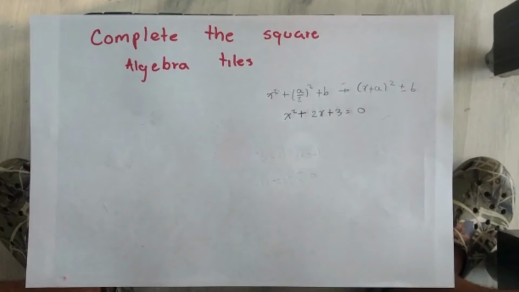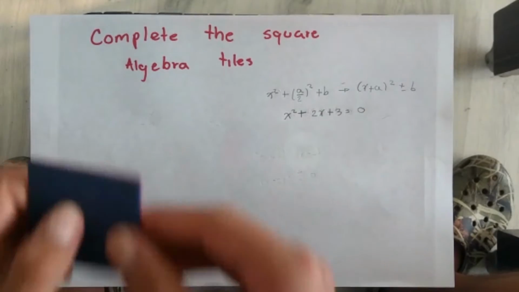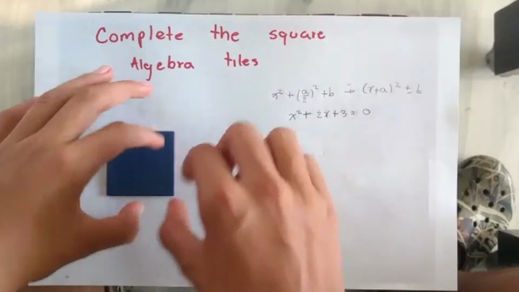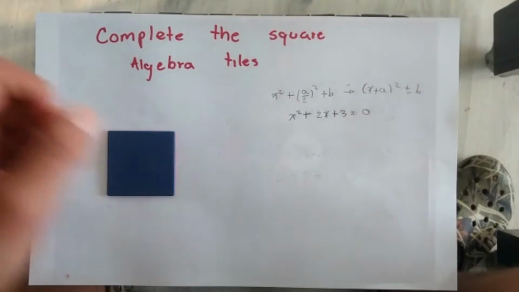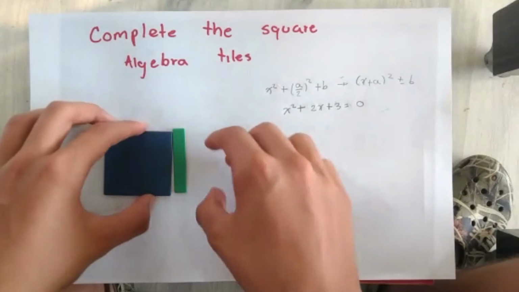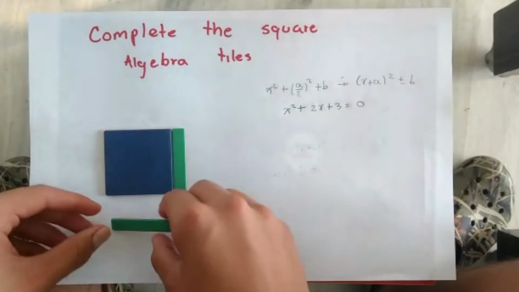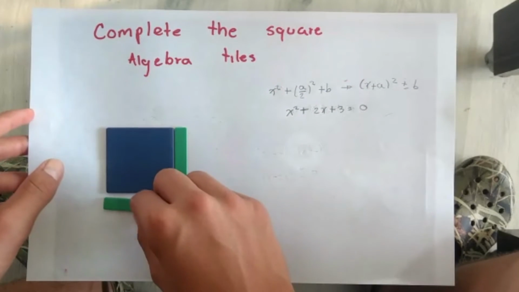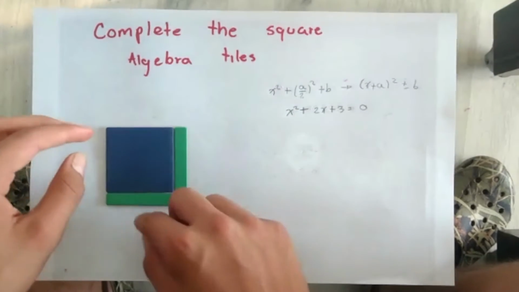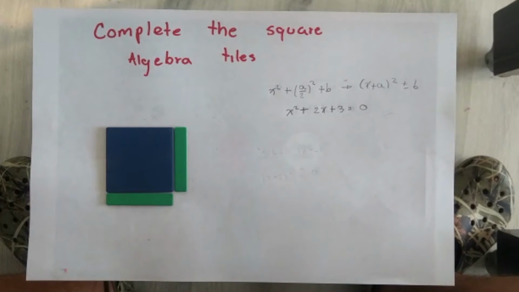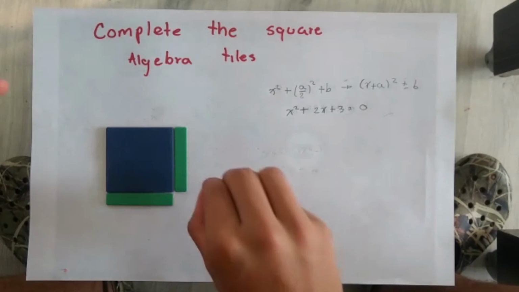Okay, so it will be x², yeah, remember the big one, then 2 rectangles, one here and one here. So we're going to put the 3 here.